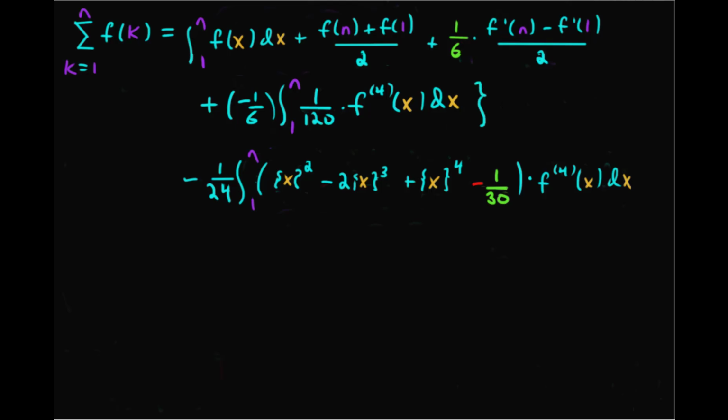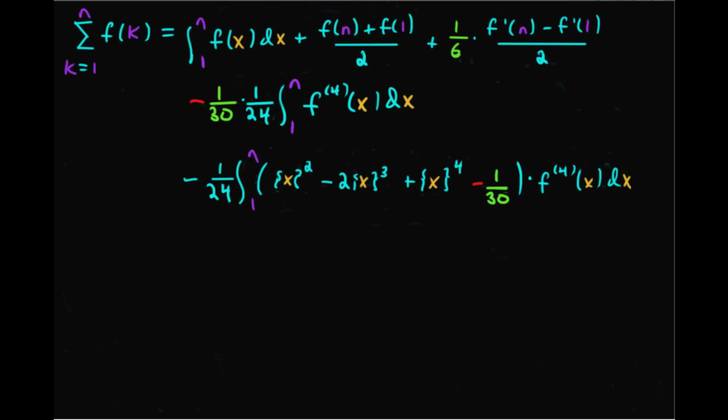And if we turn our attention to the other integral expression on the right-hand side here, the expression negative 1/6 times the integral from 1 to n of 1 over 120 times the fourth derivative of f of x dx, we might notice that we can factor out a 4 from that integral also. And then we'll have negative 1 over 24 times the integral from 1 to n of 1 over 30 times the fourth derivative of f of x dx. But I might as well just pull out that 1 over 30 constant in front as well.